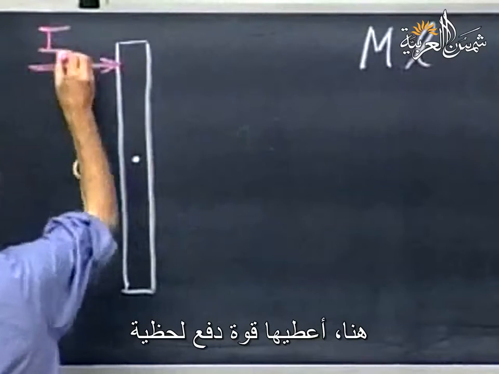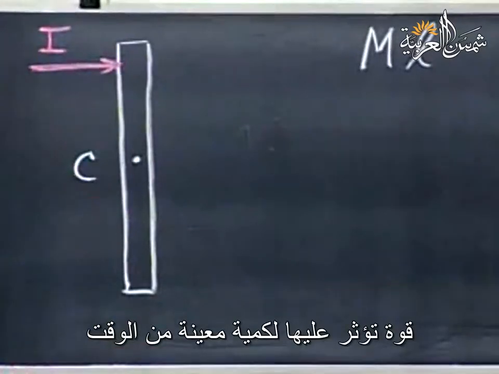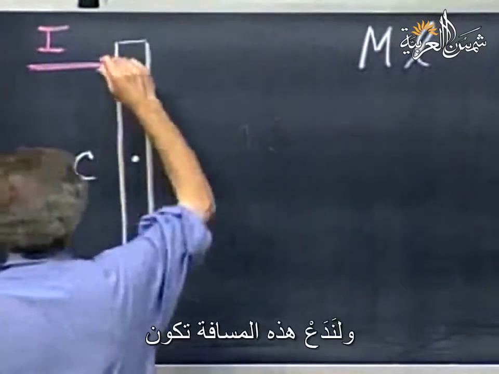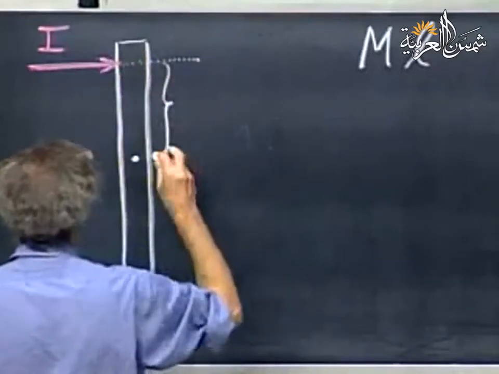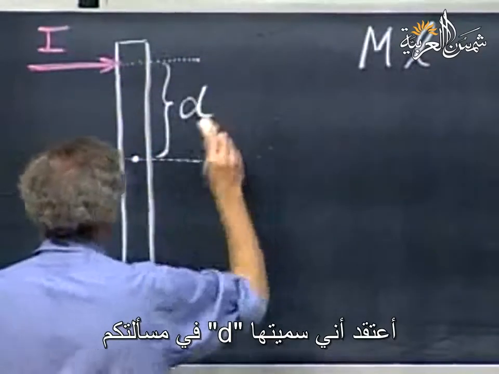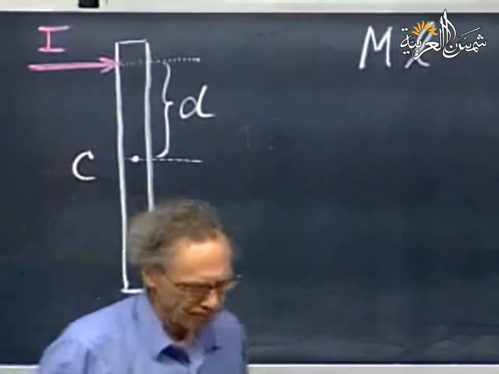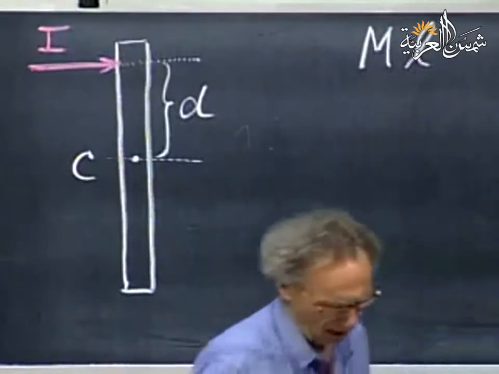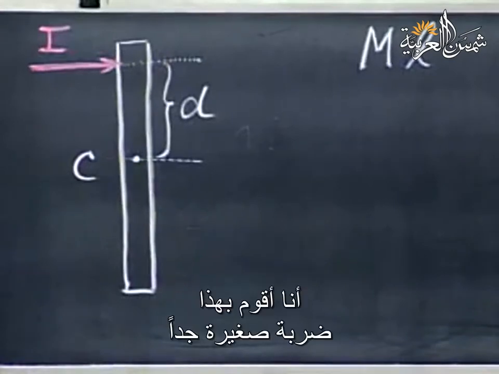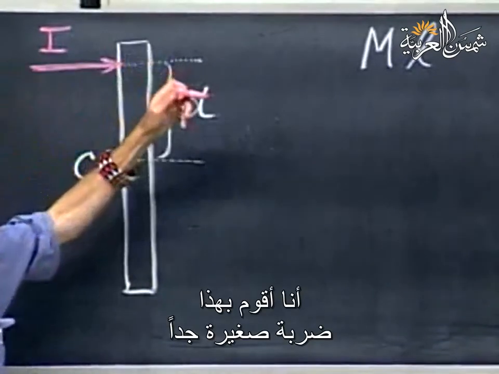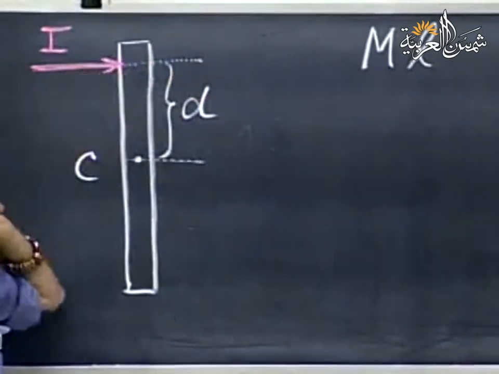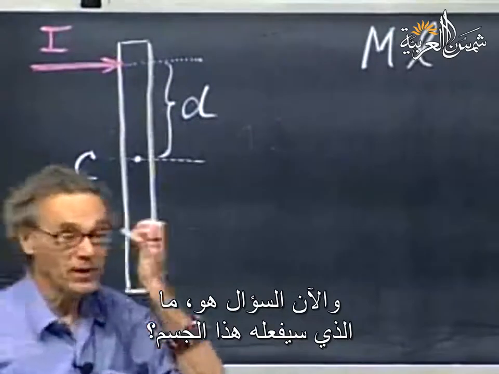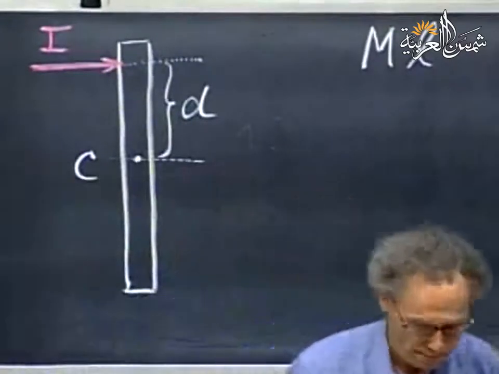Here I give it an impulse. A force acts upon it for a certain amount of time. And let this distance be, I think I call it D in your problem. And it's on a frictionless table. I do this, bang, very short hit. And now the question is, what will this object do?